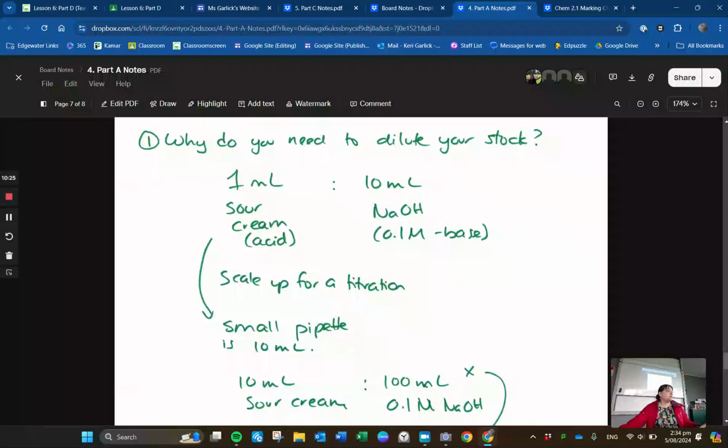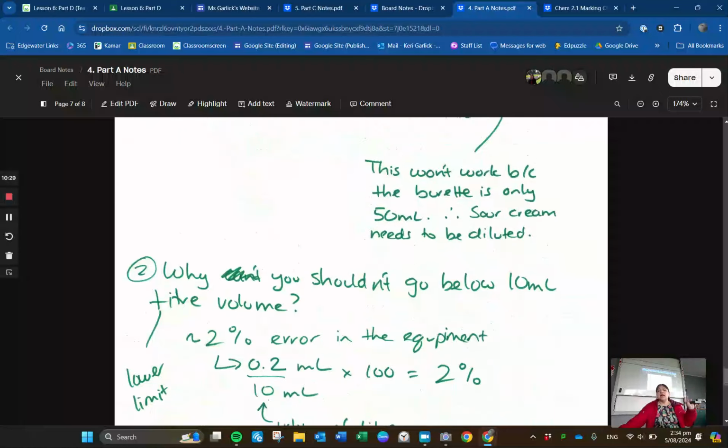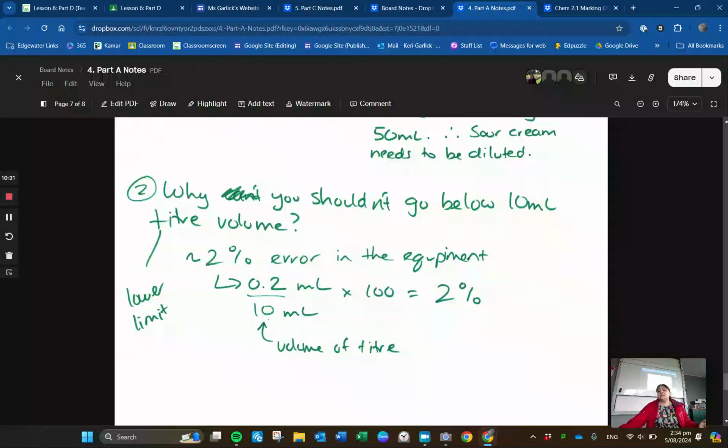Are we okay with that so far? This is all in Google Classroom, so I'm not going to write it down again. The second and third thing is you can justify your range. So justify what your titrate volume is and why. For the excellence, I was looking for a titrate volume between 10 and 25. 10 was your lower limit. You explain that 10 is your lower limit because of the 2% error in the equipment.